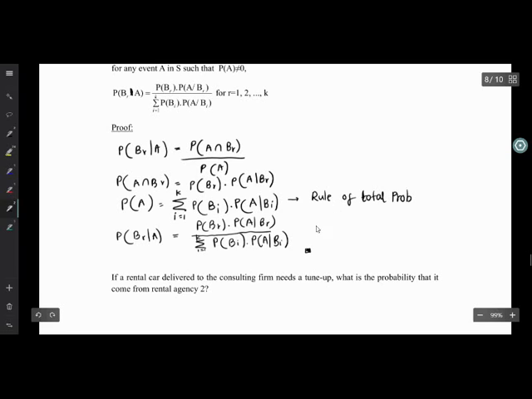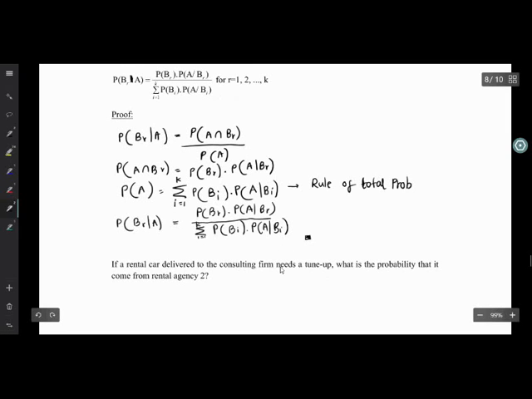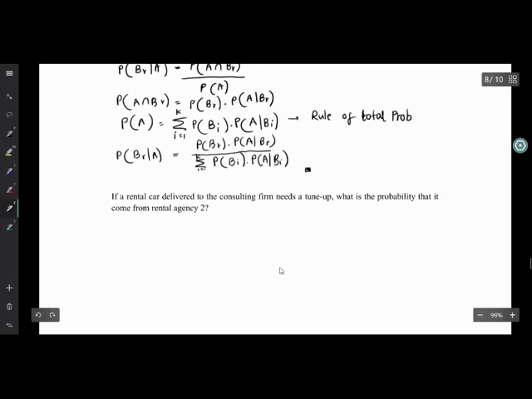Now if we go back to the previous example, if the rental car delivered to the consulting firm needs a tune-up, what is the probability that it comes from rental agency 2? So we need the probability of B2 given A. So we apply the Bayes theorem. You have P(B2) times P(A given B2) at the top.